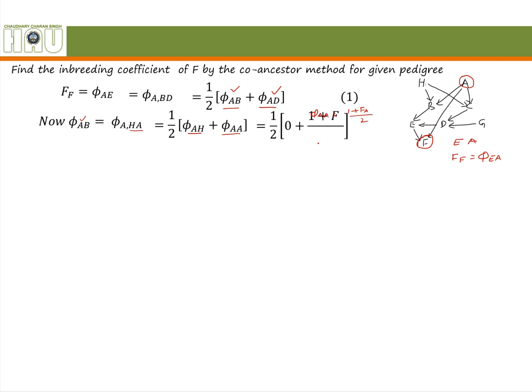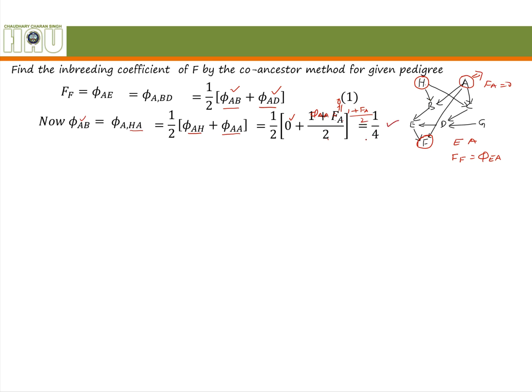AH, since they are unrelated, the correlation between these two is 0, and this can be written as (1 plus FA) by 2. Now we have no information about the parents of A, so f of A will be equal to 0. I substitute 0 here, so I will get 1 by 4.